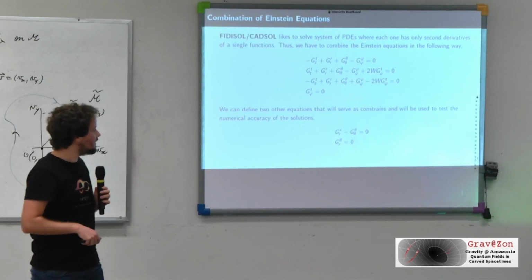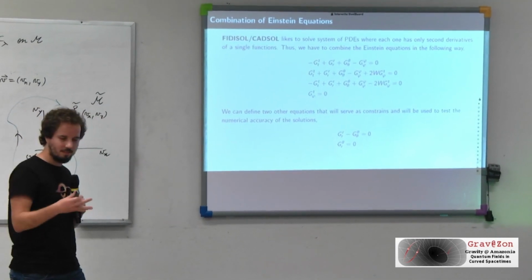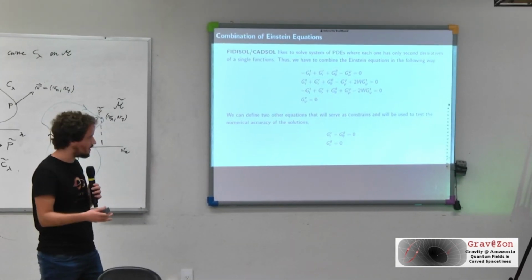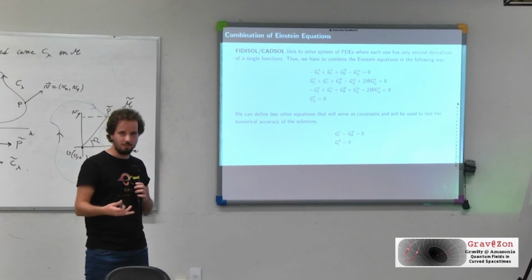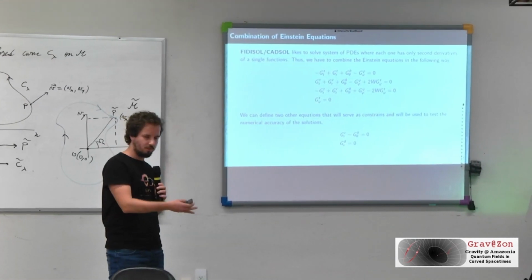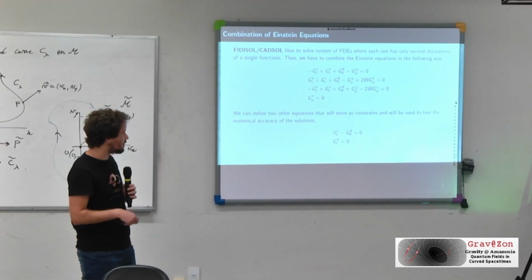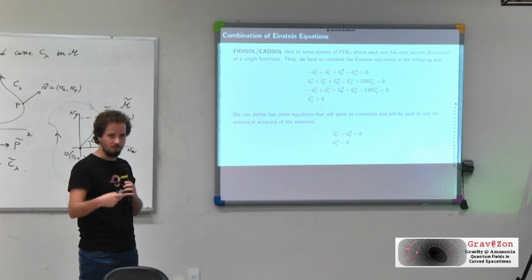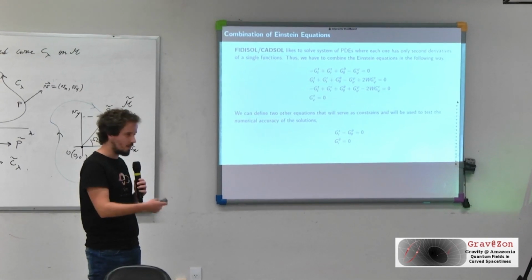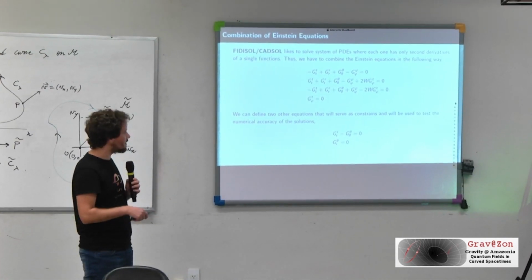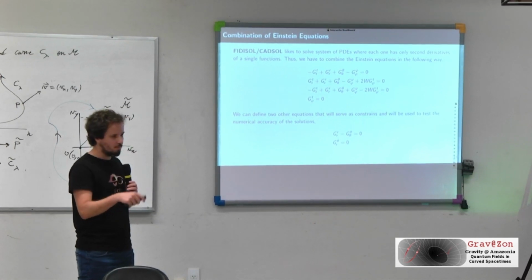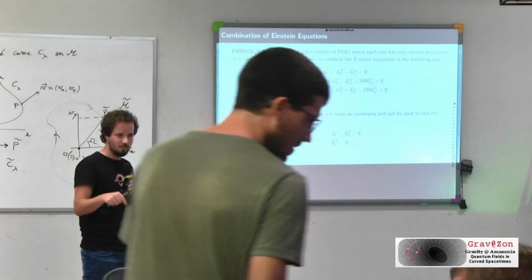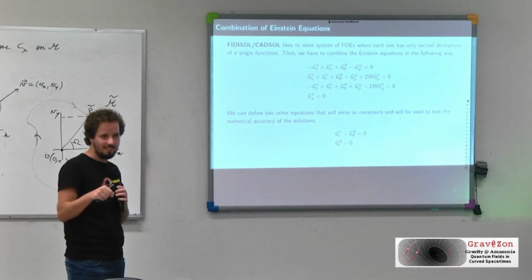As I was saying, you have 6 particular terms of the Einstein tensor that are non-trivial. So we have 6 equations for 4 functions. You can use 4 of them for the solver to obtain the solution, and then use the remaining 2 as constraints. And as I was saying, it's best for the solver if each one of the equations only has second derivatives, the radial and the theta one, of one single function.